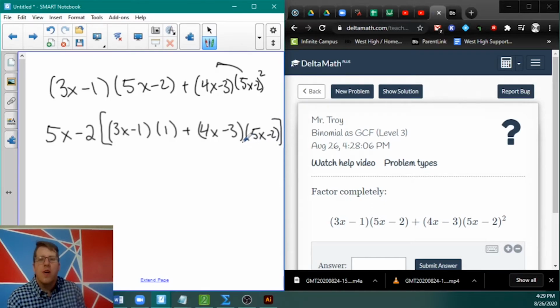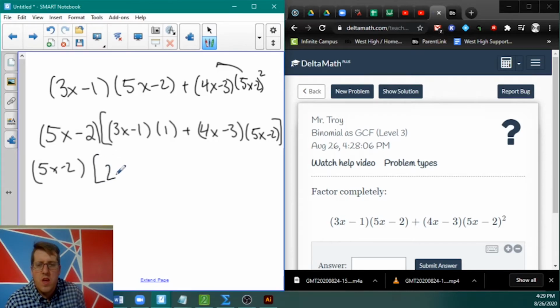Now, I wonder if I'm missing something about how this problem works. Let's do it the longhand way and see what happens. I'll put that in parentheses so it's not weird. So 5x minus 2 times, and I'm going to FOIL this out. Feels like a mistake, but we'll see.